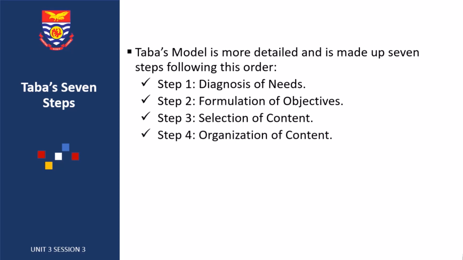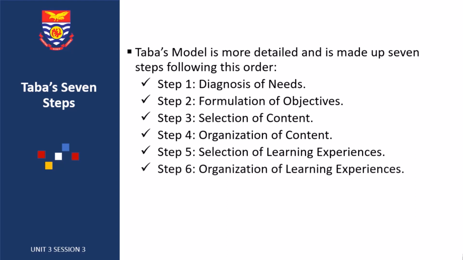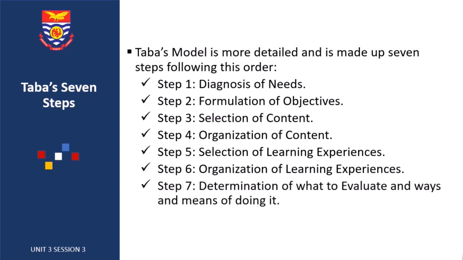The fourth one talks about organization of content. Fifth, selection of learning experiences. The 6th step talks about organization of the learning experiences. And the 7th step, which happens to be the final phase, talks about the determination of how to evaluate, and the ways and means of doing the evaluation. We must take note that this is an order.